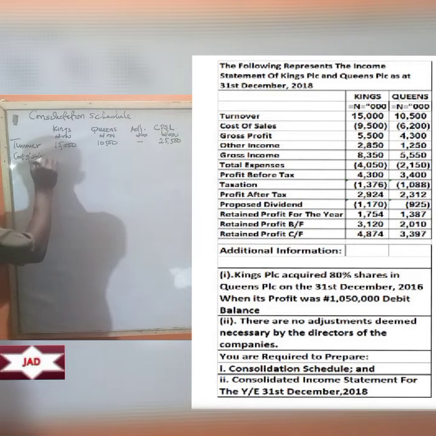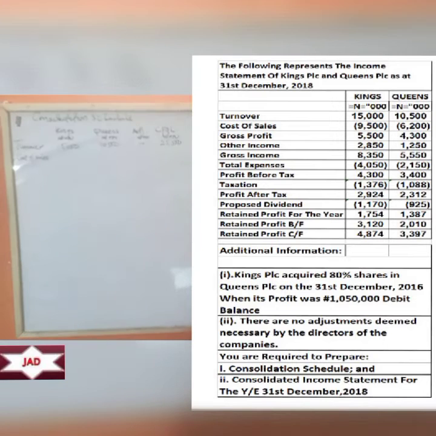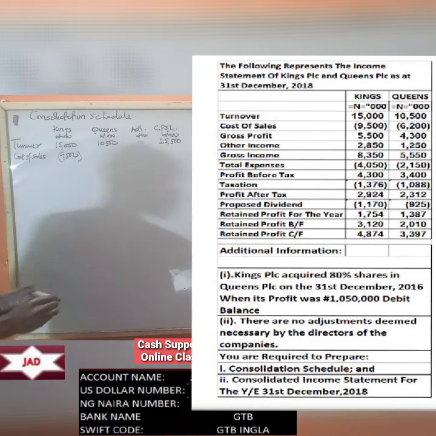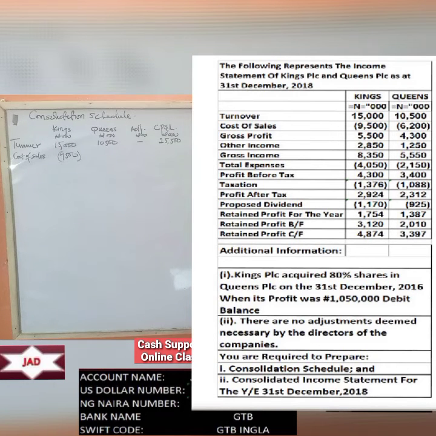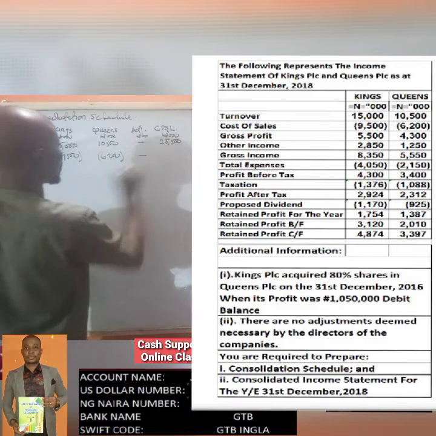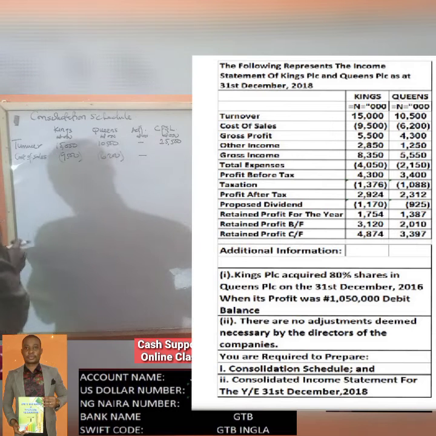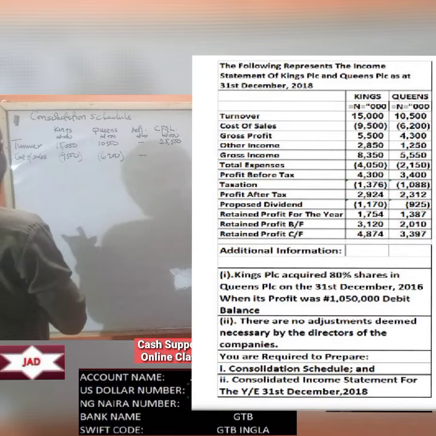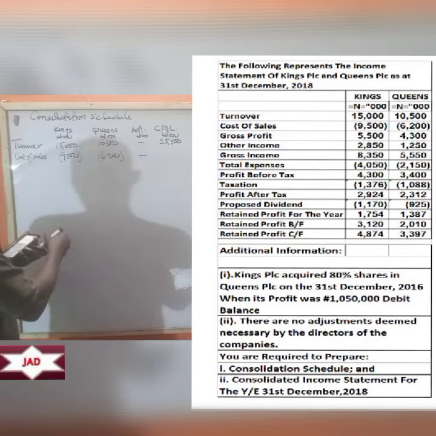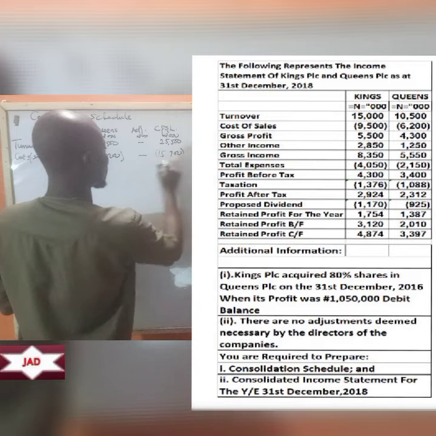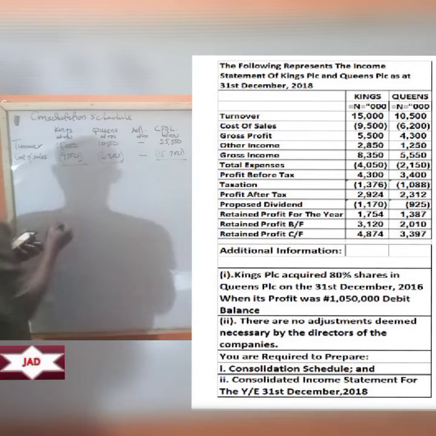Cost of sales. What do you have? 9,500. What do we have here? 6,200. No adjustment. So this plus this. What do we have there? 9,500 plus 6,200, 15,700. So what do we have?